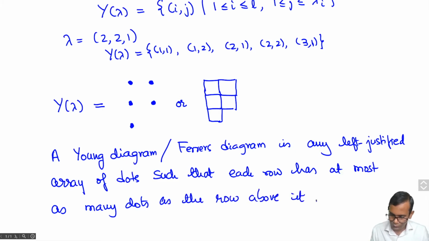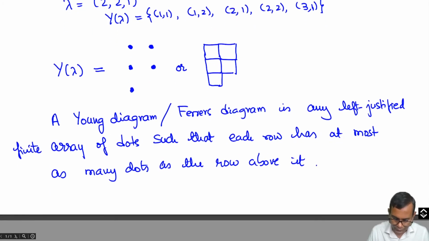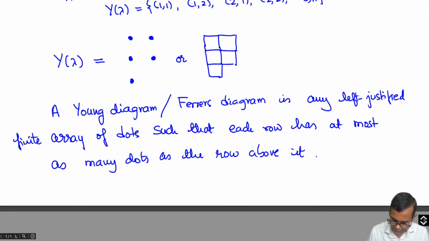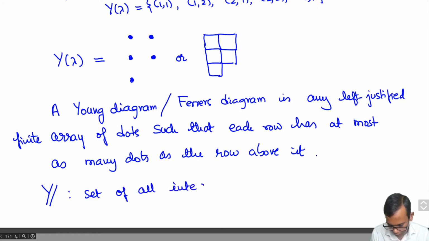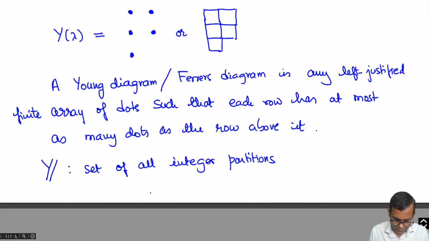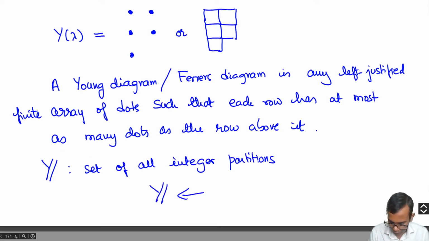And of course, I only allow finite arrays of such dots. So let's write Y for the set of all integer partitions, and using this notation I can identify Y with the set of all Ferrers diagrams.